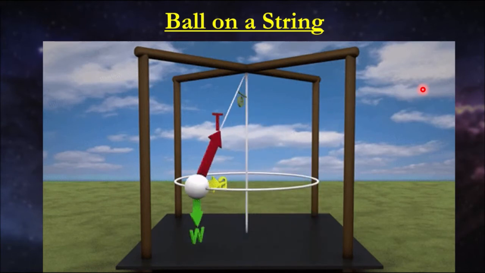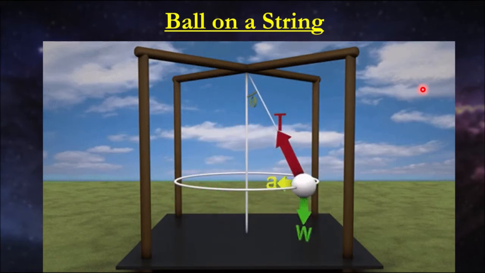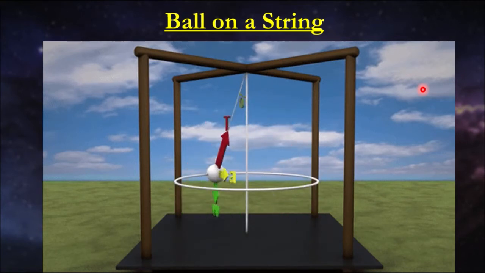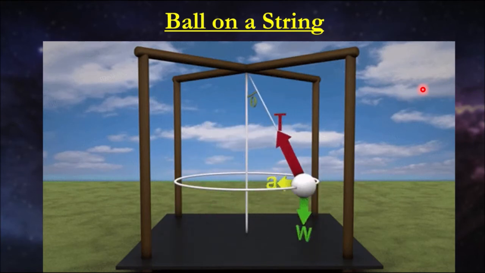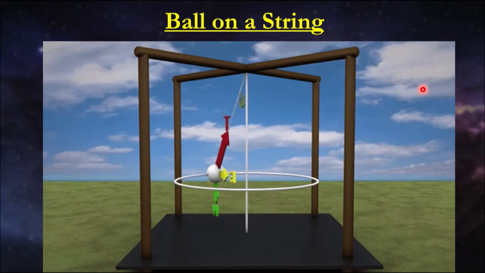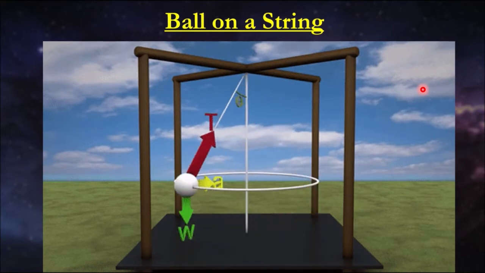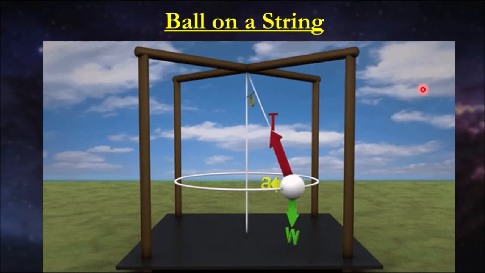A ball on a string. You can already see the different types of vector forces involved when you spin a mass on a string and perform circular motion onto it like so. We did a force vector diagram in our previous lesson.